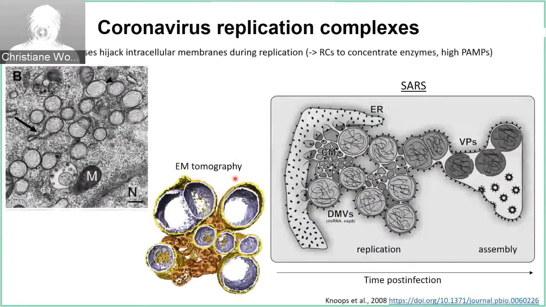Okay, and so just to show you these replication complexes, which are so important for the virus, we can see images here from SARS-1, and in general, all positive-sense RNA viruses hijack intracellular membranes during replication. You can see here what an infected cell cytoplasm looks like. On the bottom here, there's the nucleus.